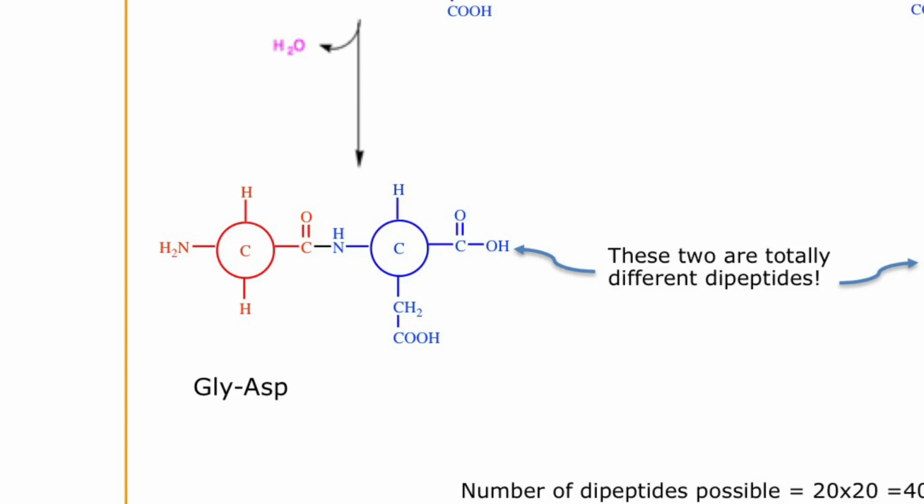And the actual bond that connects the two amino acids is the one between the carbon of the carboxyl and the nitrogen of the amine. And this is called the peptide bond. So that's how amino acids are joined to one another by their peptide bonds.